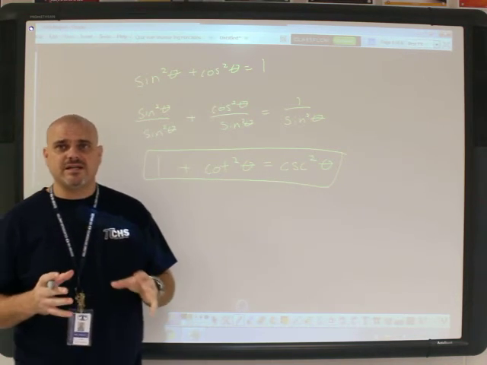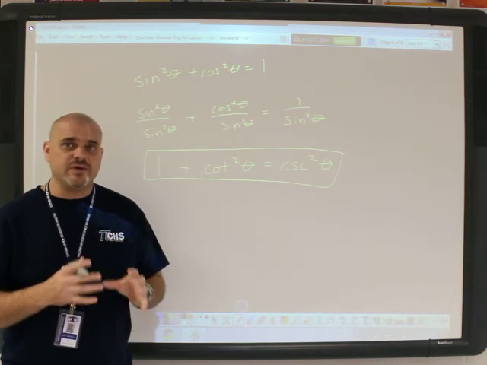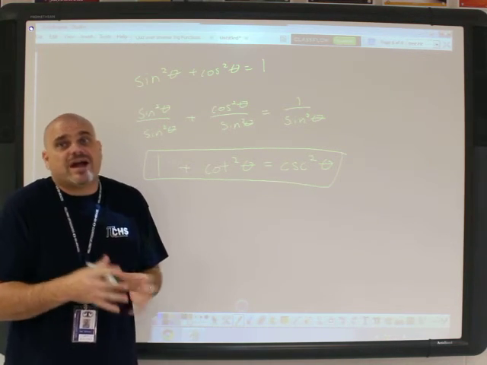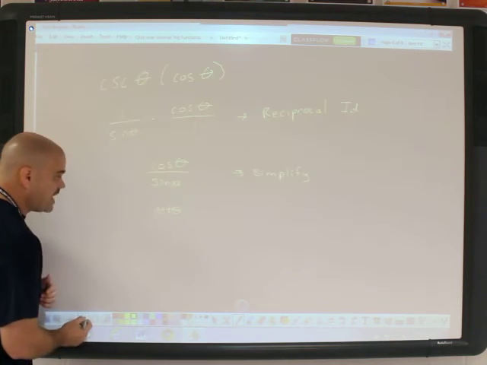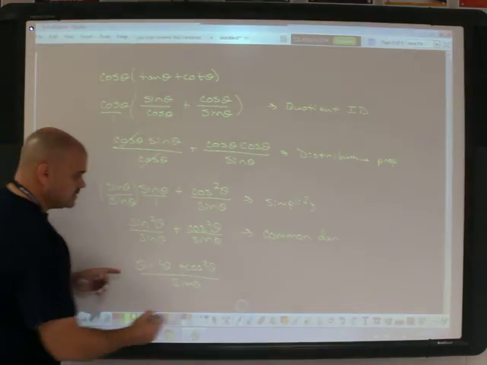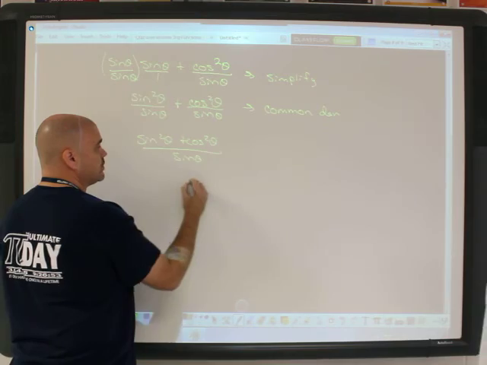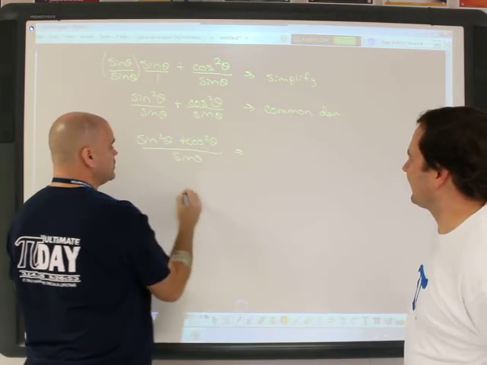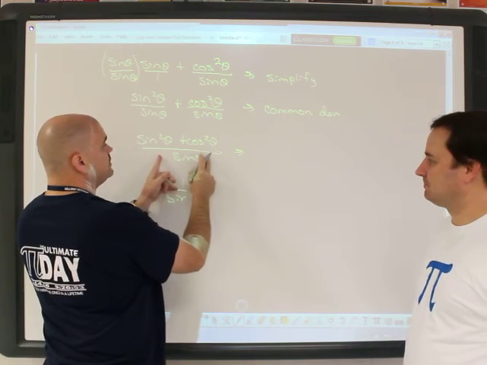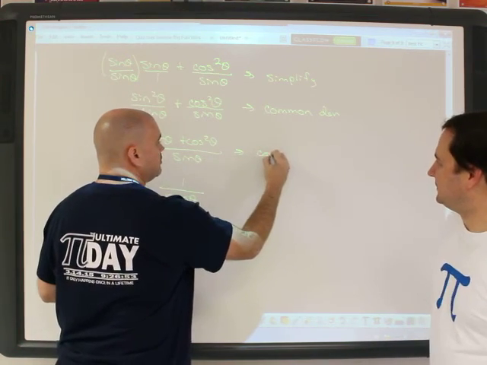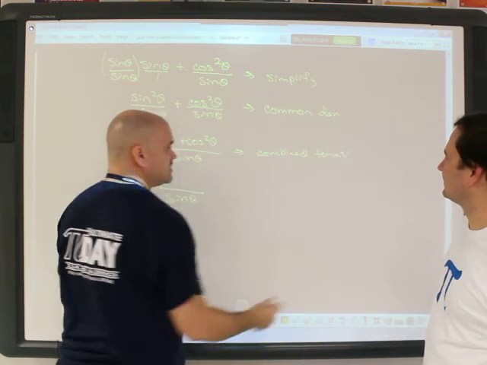The reason we can use identities is because they're equal to each other, so anytime I have two things equal to each other, I can use either side to represent the other. We're going to use the Pythagorean identity and let this be 1 over sine theta. The only thing we did here was combine our terms, or simplify.